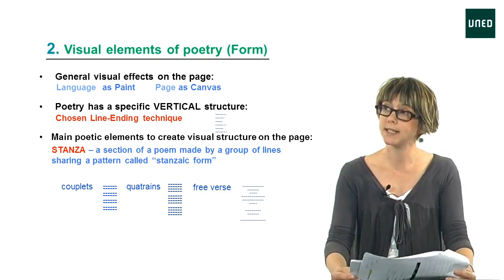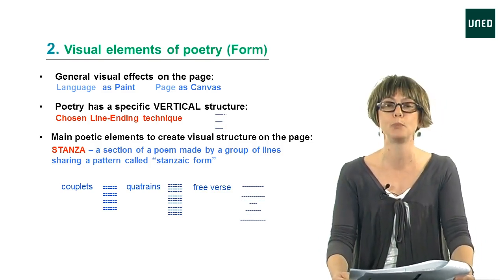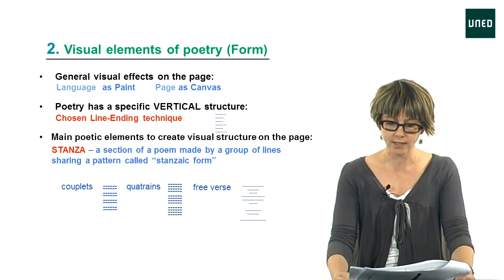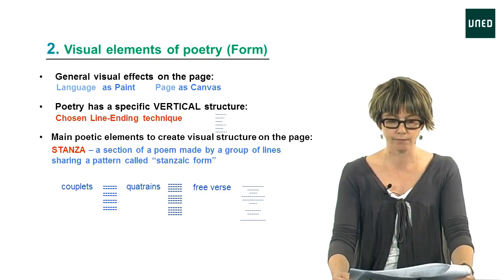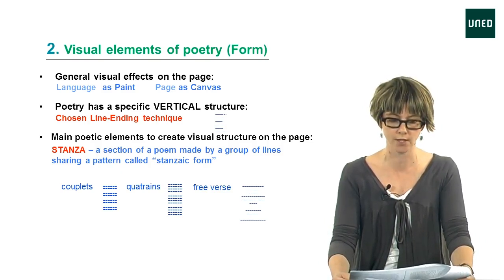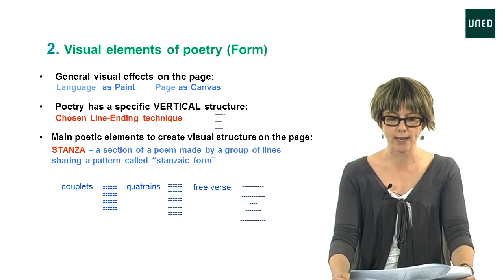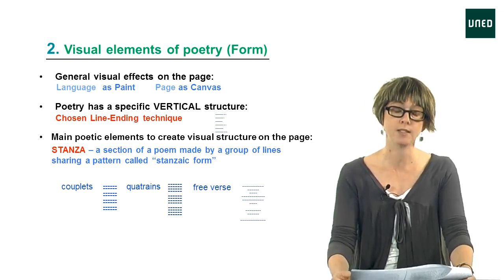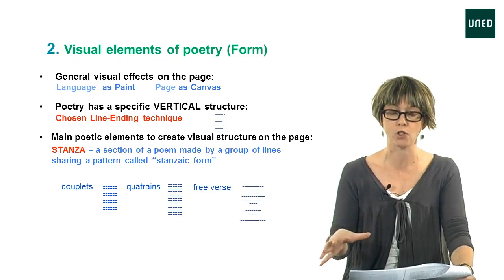Okay, we will see in this section the visual elements of poetry related to the form of language. To understand the general visual effects on the page of a poem, we should imagine language as paint and the page as canvas.